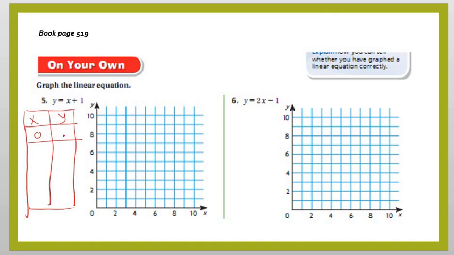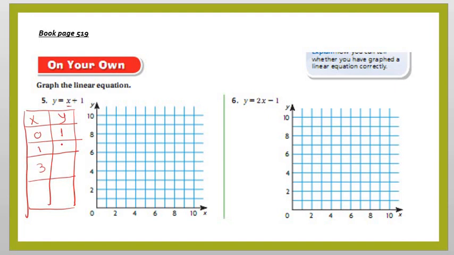Then I can have X equals 1, X equals 3. That's enough, 3 or 4 points, okay? When X equals 0, remove here X and put what? 0. So 0 plus 1, Y equals what? 1.